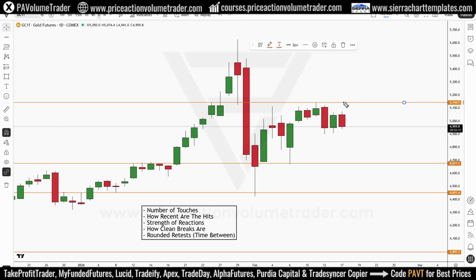And you can see last week, we perfectly tested this level as the high from last week's profile, okay, and candles. This candle was Wednesday of last week. So again, this added validity.